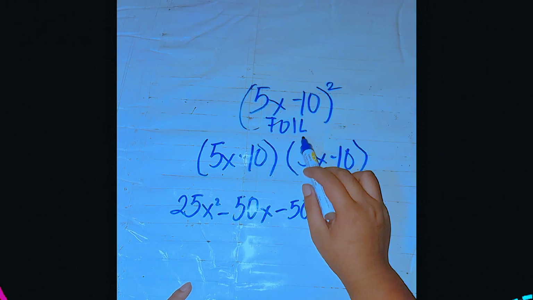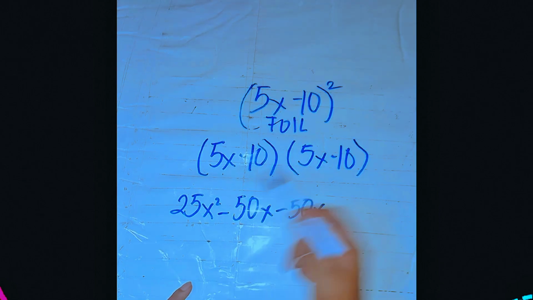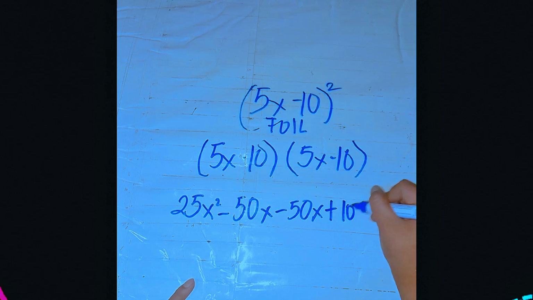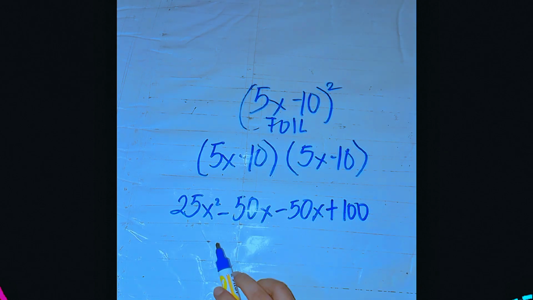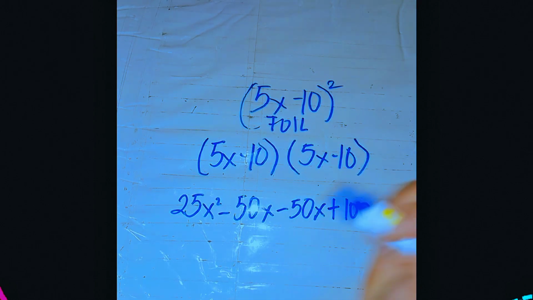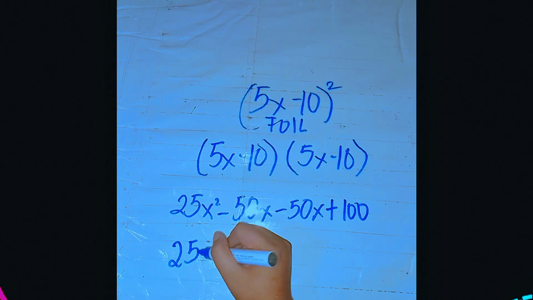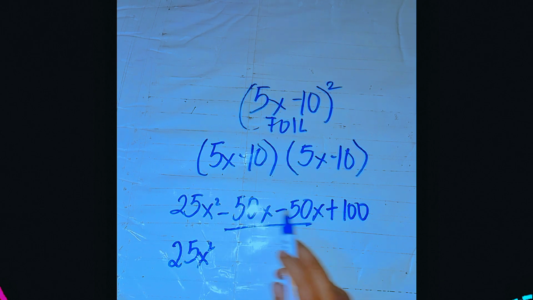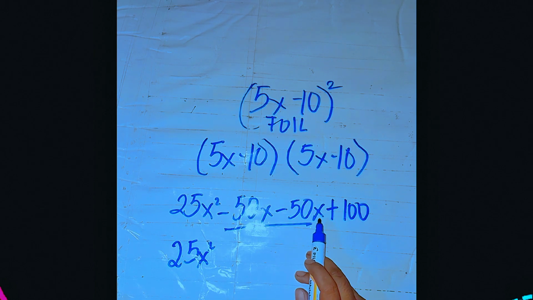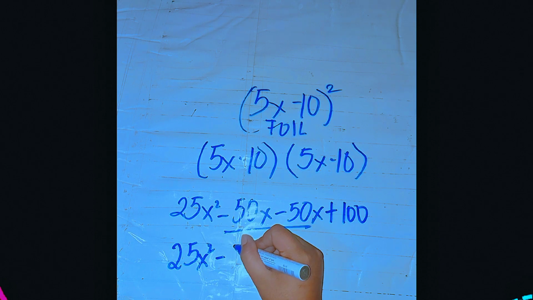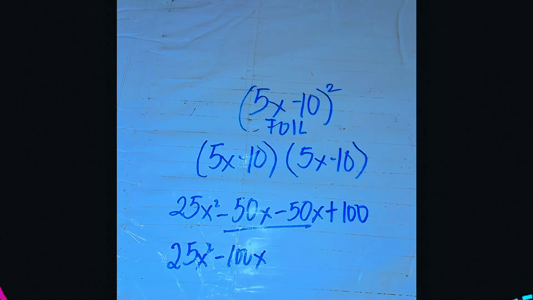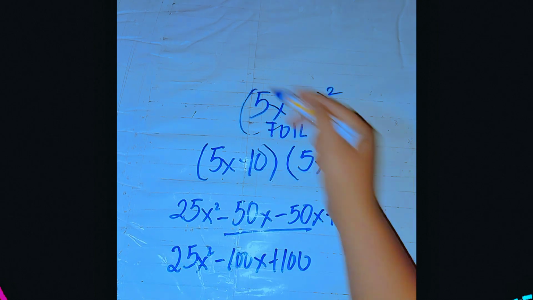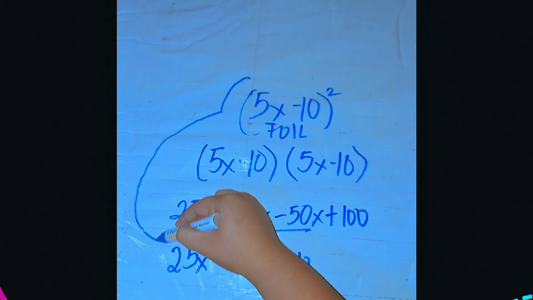Then, we'll have the last term, which is negative 10 times negative 10 is equal to positive 100. And we'll have to simplify these and combine like terms. Copy the 25x squared. These two are like terms, so negative 50x minus 50x is equal to negative 100x. Then, the constant term plus 100. From this, you'll have this answer.